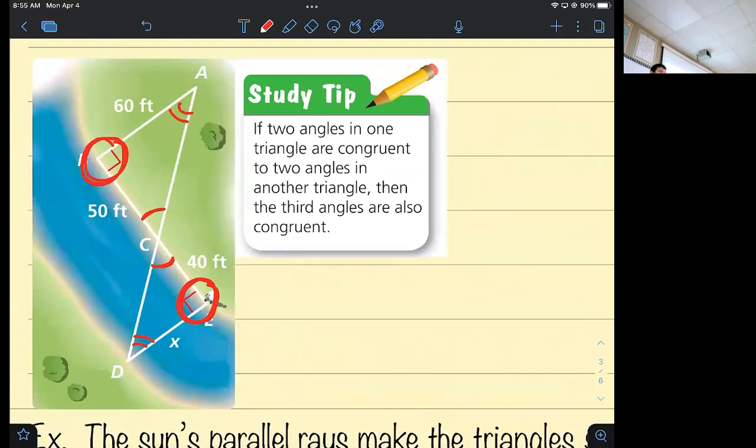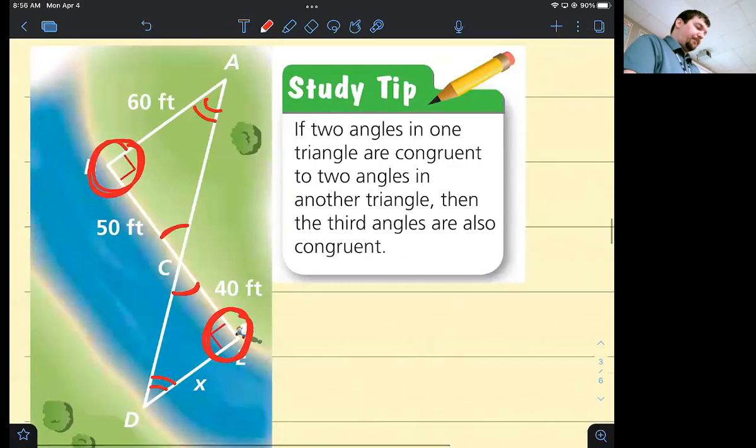I don't know what the vertical angle is, but I know that this plus the vertical angle has to add up to 90 because that plus 90 equals 180. And for the same reason, that angle and that angle have to add up to 90 to force that angle with 90 to add up to 180 for those triangles. So I can prove that the missing set is congruent, and so I have two similar triangles. Now that I know they're similar, their side lengths are going to be proportional, and I can solve for X.